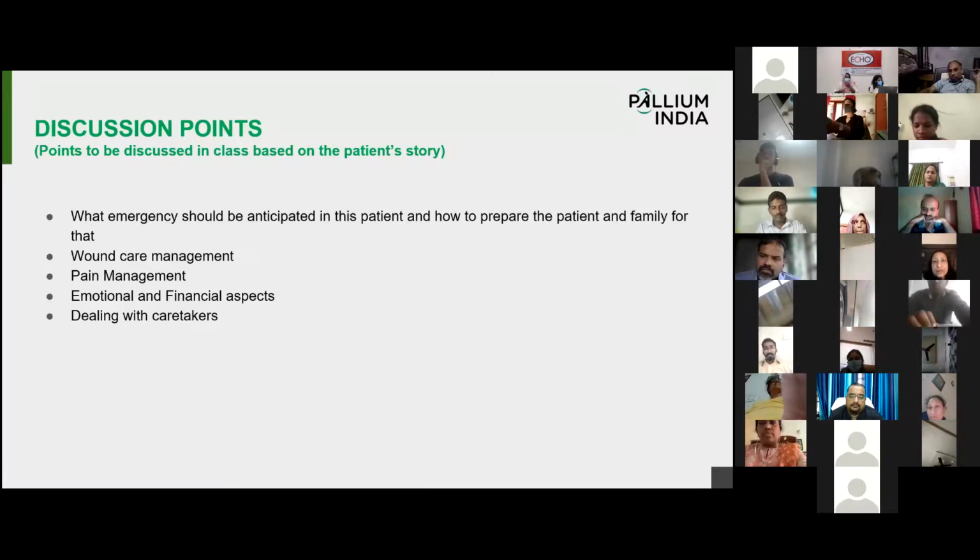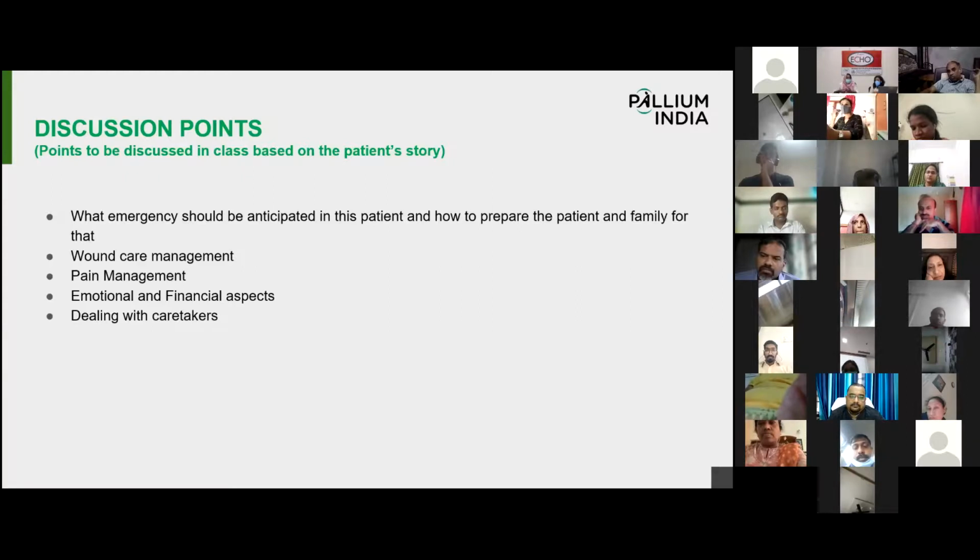In that case we go with nebulization, and for home care patients we prefer steam. The person should not go too close to the steam, should stay somewhat away, and take steam on a daily basis so that it improves the humidification.